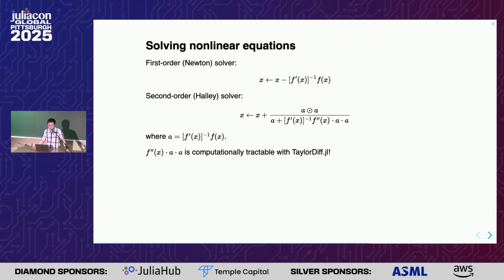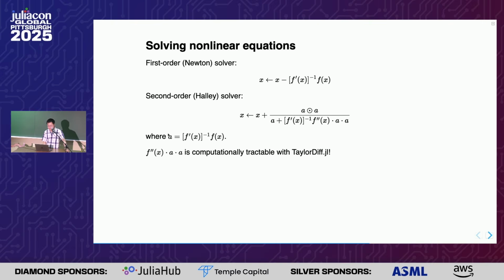And we have the second order generalization of this Newton solver, called Halley's method. It's a little bit more involved, but what's noticeable here is you have the term f''(x) · a, where a is another vector.